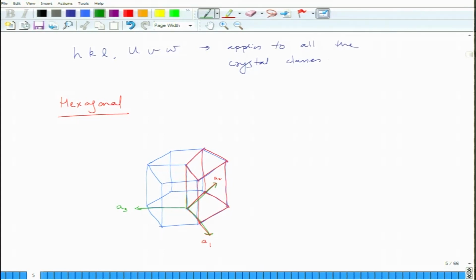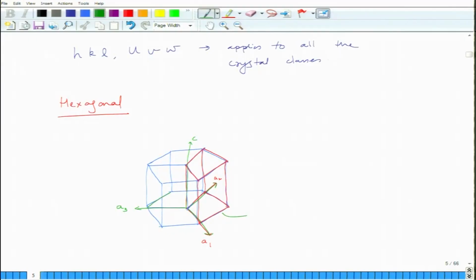And of course, the fourth axis remains this one. So, the HKL plane in this case, if I take this four axis system A1, A2, A3 and C, okay. Normally in the hexagonal system we call this the A axis and C axis, because A1 and A2 are equal and they are symmetric. We call both of them the A axis, and the one perpendicular to the basal plane is called the C axis. So, this plane, the base, is called the basal plane, okay.